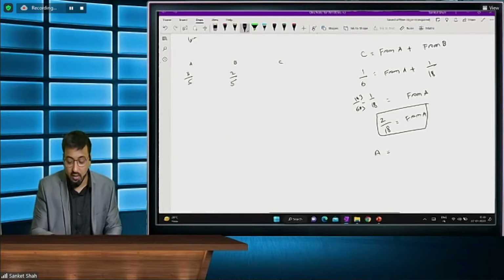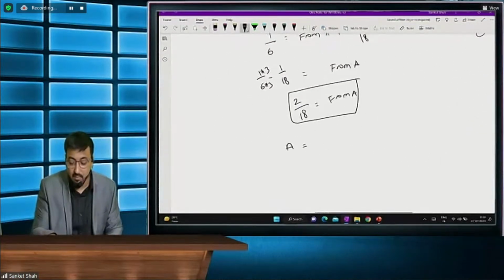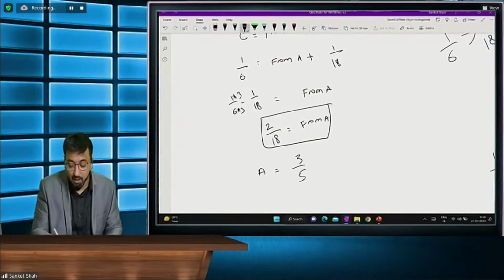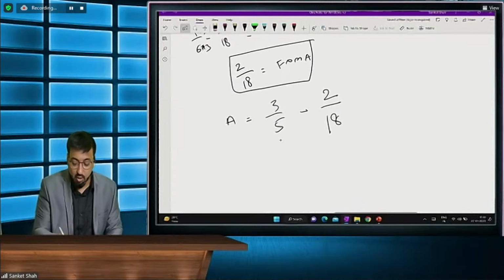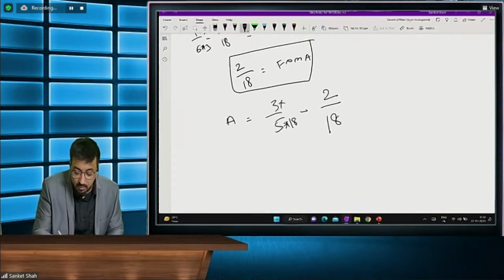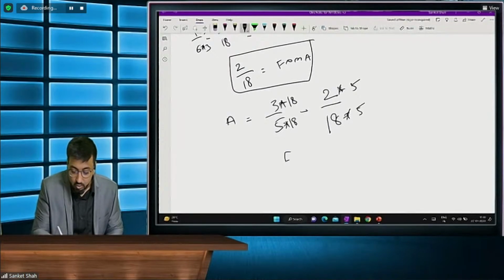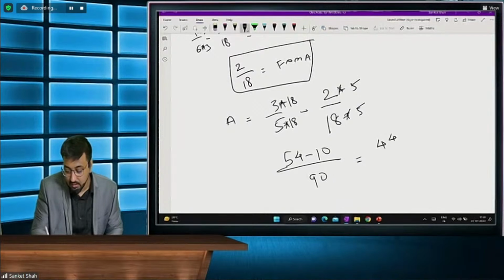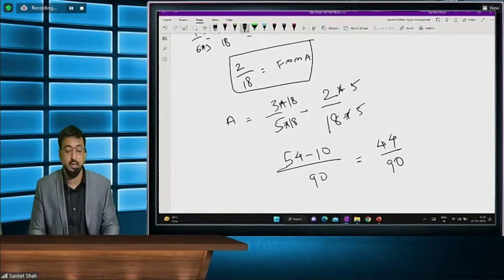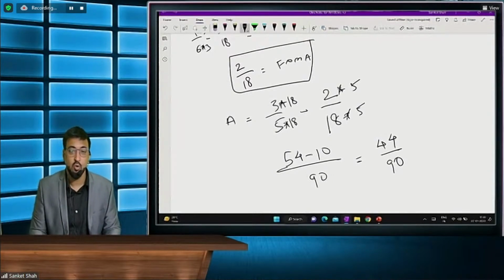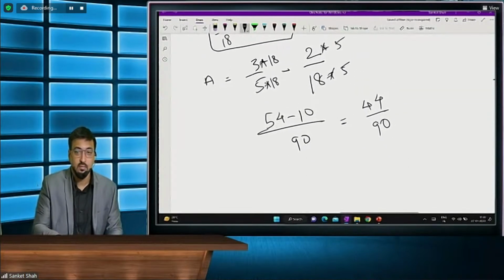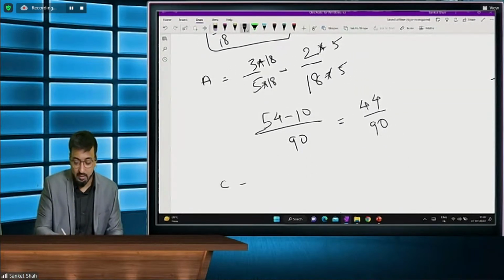What was A's already share? 3/5. He is giving 2/18. So how to calculate it? Here multiply by 18, here multiply by 5. So 54 minus 10 divided by 90, this is 44 divided by 90. So A's answer is 44 by 90.